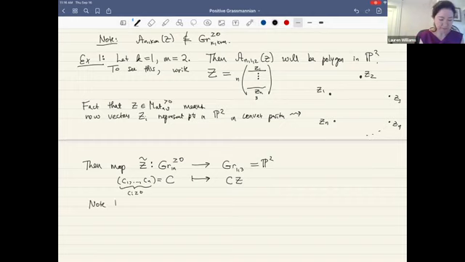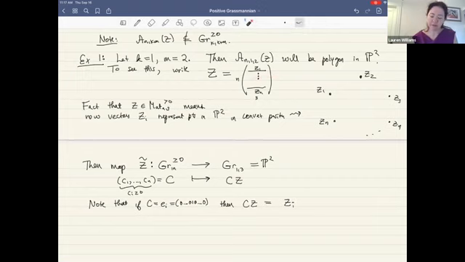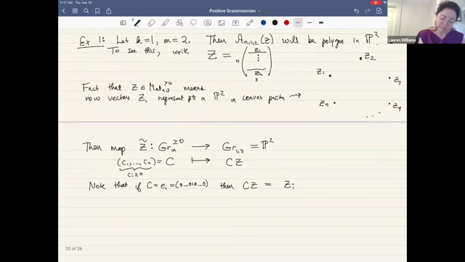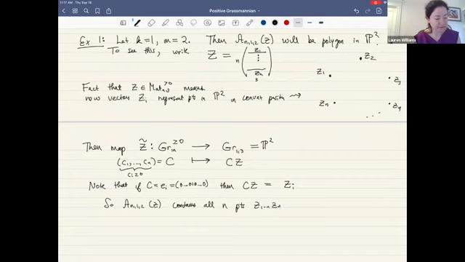And now note that if C is this unit vector e_i, then CZ is just going to be Z sub i, the ith row of my matrix Z. So in the image of this map, we do have all of these n points, so the amplituhedron contains all endpoints, Z1 through Zn.